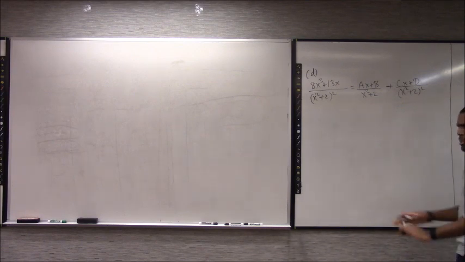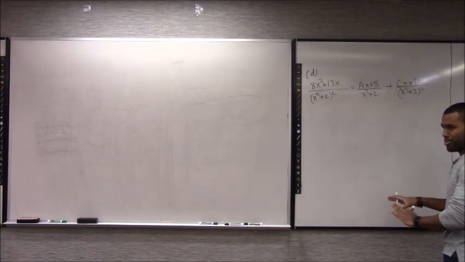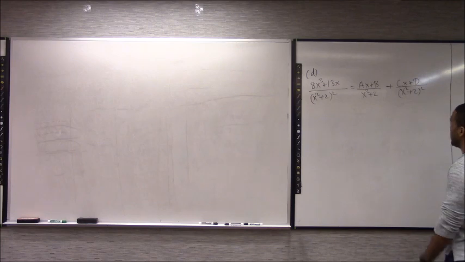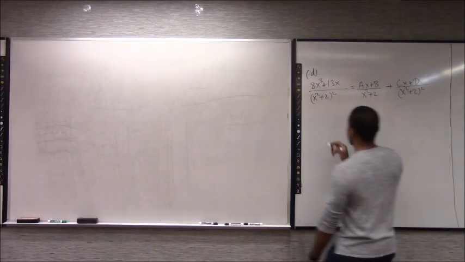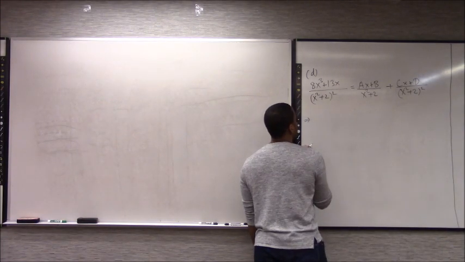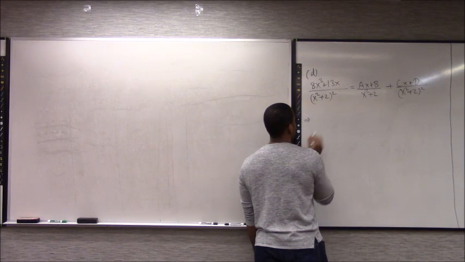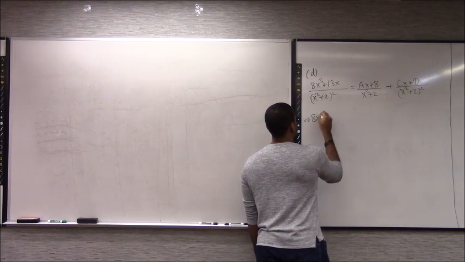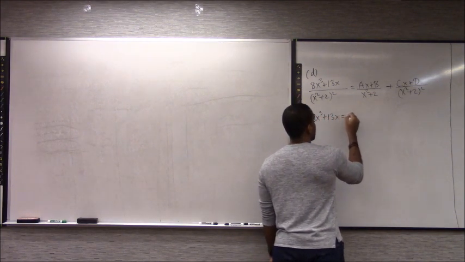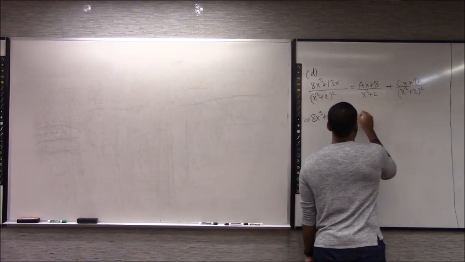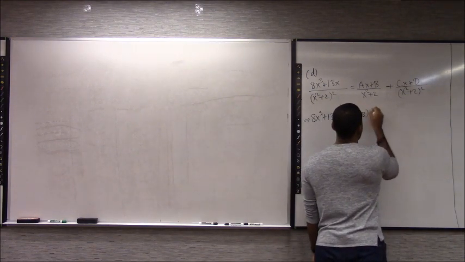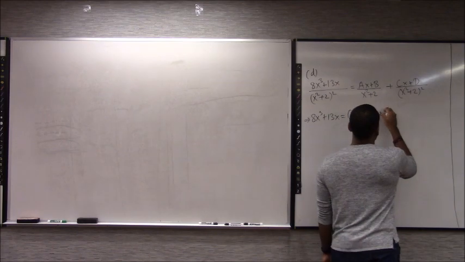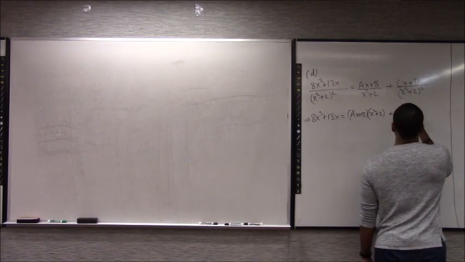Hopefully everyone has 4 equations, 4 unknowns, so it's okay. So now, what does this become? I multiply the whole denominator, and it becomes 8x cubed plus 13x equals x squared plus 2 times Ax plus B plus Cx plus D.